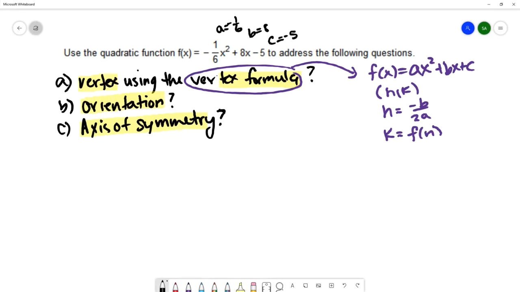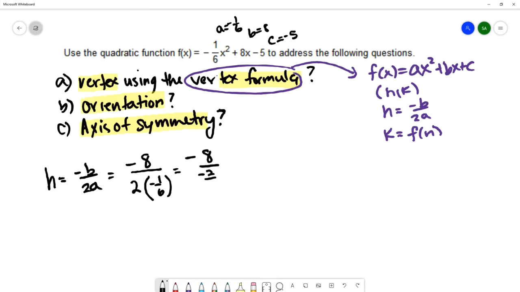So let's use the vertex formula, negative b over 2a, and b is 8, negative 8 over 2 times negative 1/6. So we'll simplify. In the denominator, we have negative 2/6. And when you have a fraction inside of a fraction like this, we call it a complex fraction. And what we'll do is we're going to treat this big fraction bar as a division symbol.